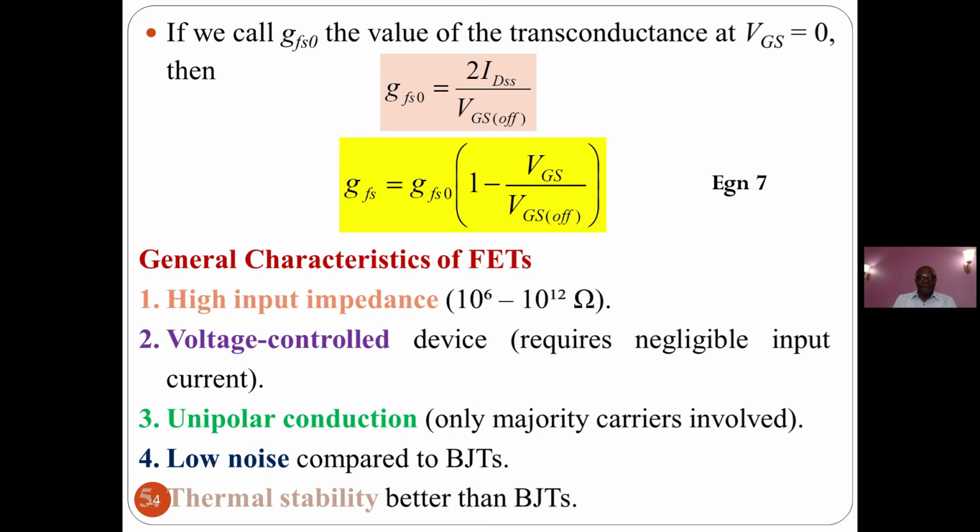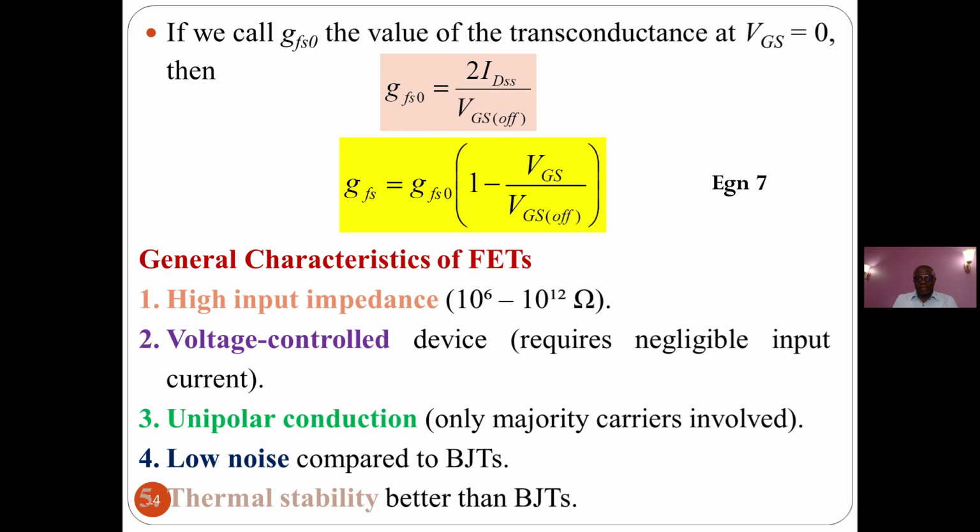And finally, they have very good thermal stability, which is far better than that of the BJTs. By thermal stability, we mean if the temperature of the device increases, it affects them minimally.